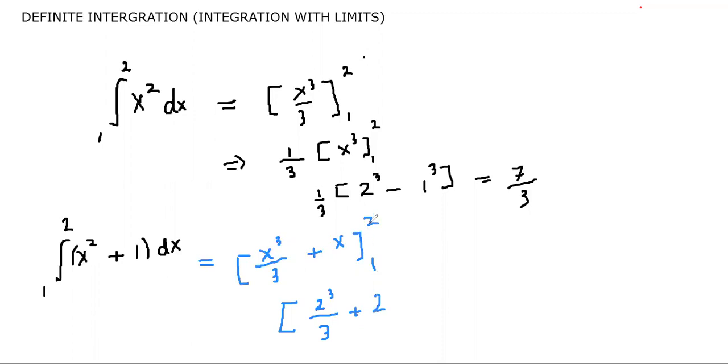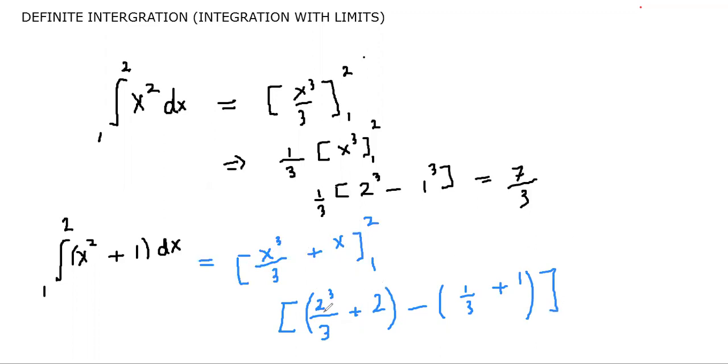I put the upper limit in place of the variables, 2 here and 2 here. So this is upper limit minus lower limit. The lower limit is 1, so I have to put 1 in place of x. So it becomes 1 by 3 plus 1. Now it's just simple. You have to use BODMAS and solve it.